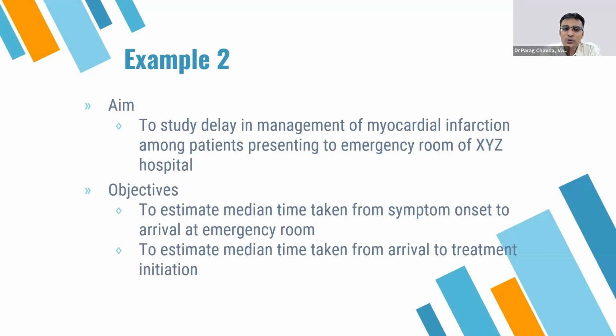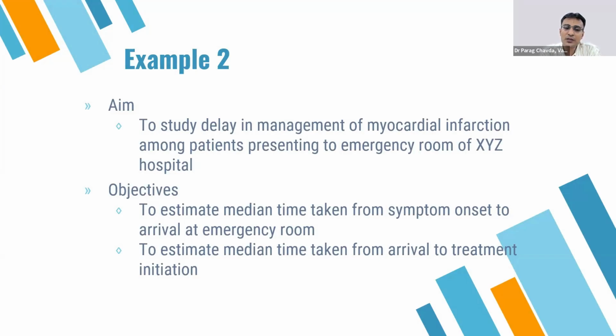Here the aim is to study delay in management of myocardial infarction. Myocardial infarction is what we commonly refer to in layman's terms as heart attack. So, to study delay in management of myocardial infarction among patients presenting to the emergency room of XYZ hospital. Right? This delay in management they are measuring with the time duration. So there are two objectives.